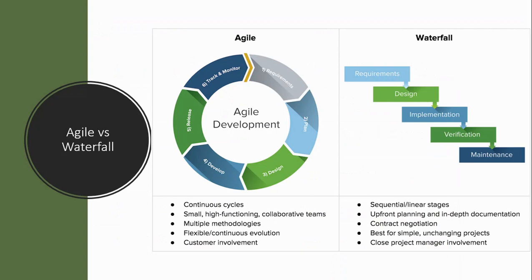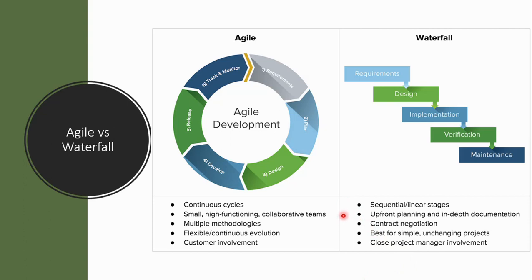The waterfall method is sequential, linear, with upfront planning, more into contract, based on the contract. It's best for unchanging products. Once the scope is fixed and signed off and everything is okay, then of course you can go for waterfall.